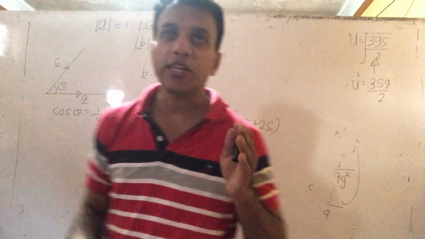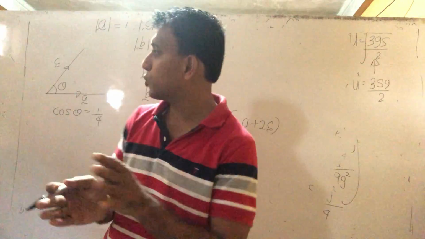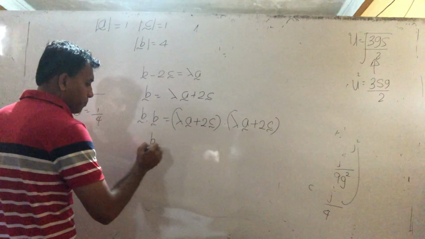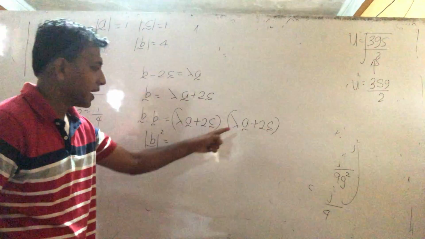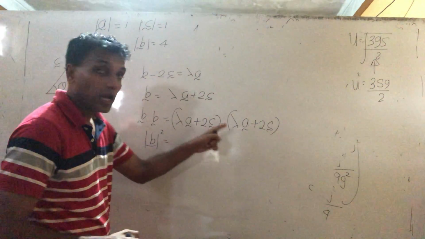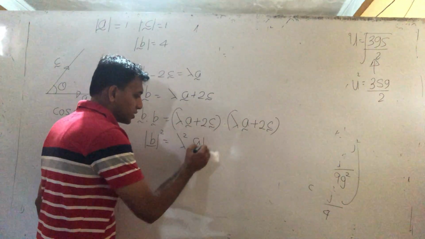So you know what B dot B means: mod B cos of the angle between B and B, that is 0. Therefore we call this mod B square. If you multiply, A dot A once again gives mod A square, but lambda square, no? Lambda square mod A square.